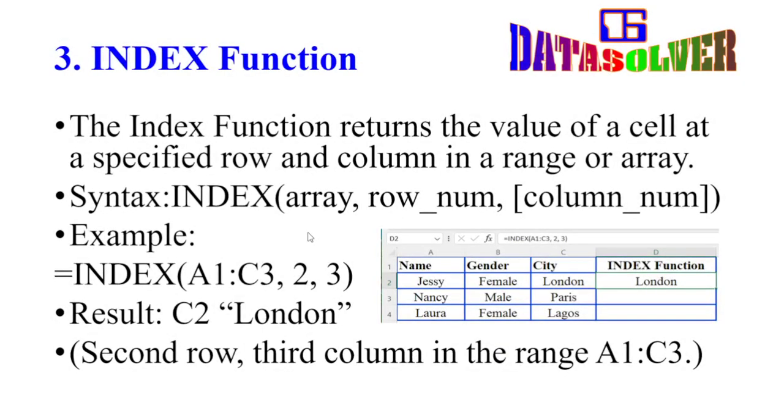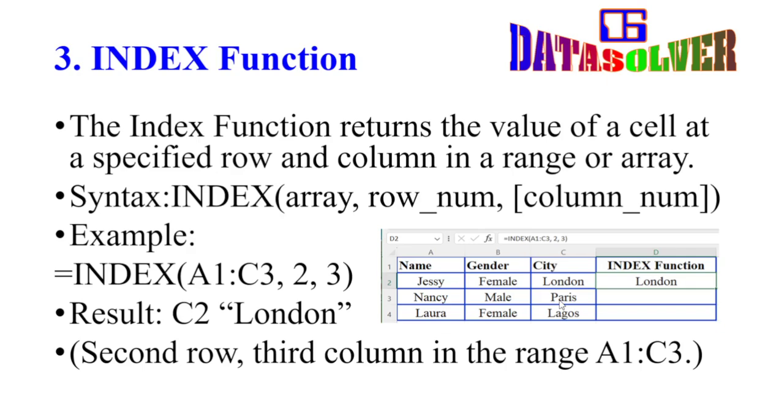Our next function is the INDEX function. The INDEX function returns the value of a cell at a specified row and column in a range or array. Our screen capture sample shows the range A1 to C3. In A1 we have Name, which is the header, and in C3 we have Paris.